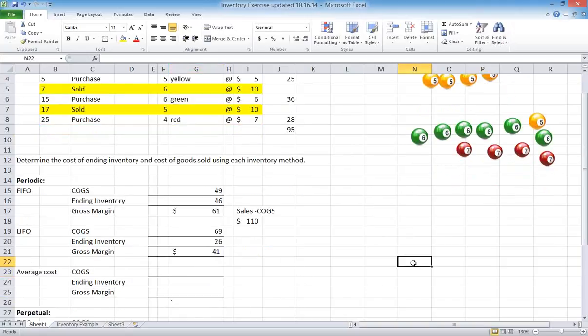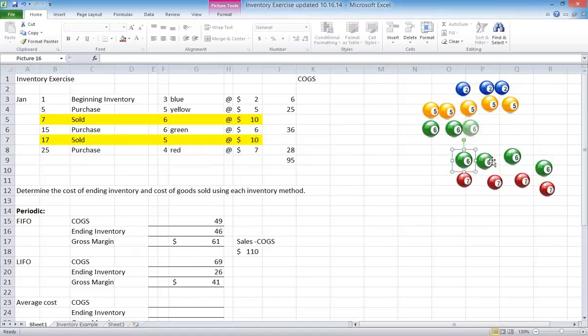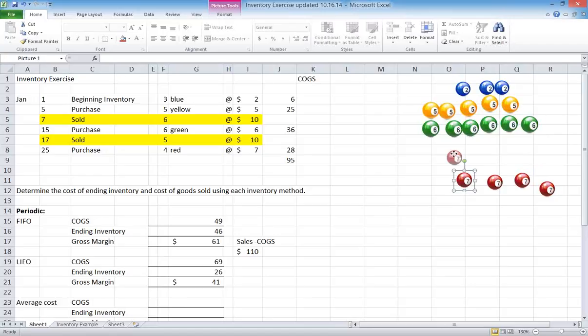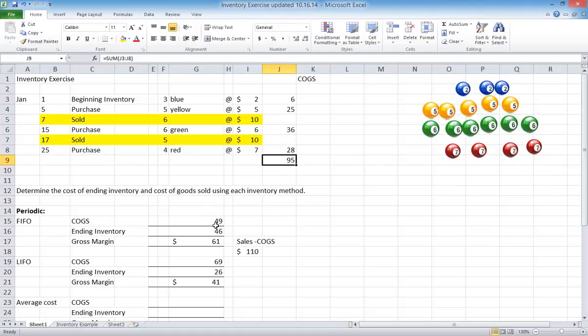Average cost. With the average cost and periodic method, I really don't need to move my inventory around so much for you to see. I just need to do some numbers. And I can do those calculations real quickly, because we just have to get an average unit cost. To do that, I had $95 total cost.